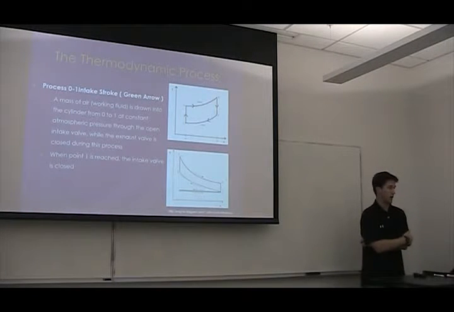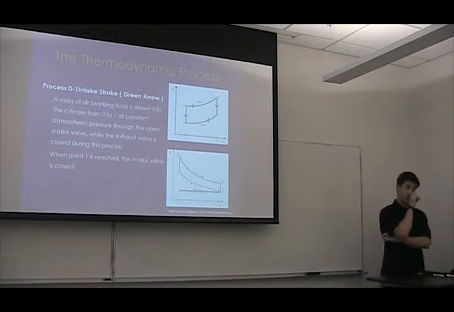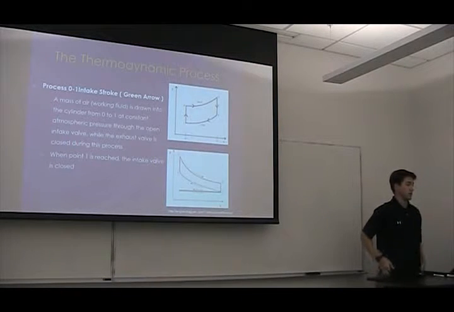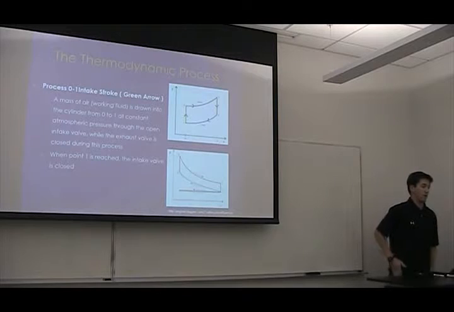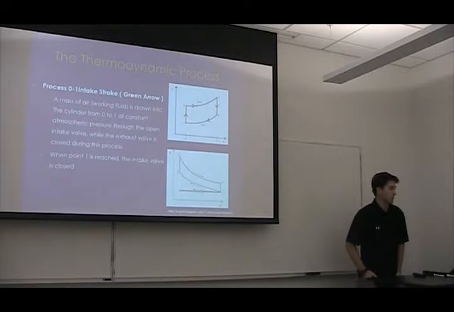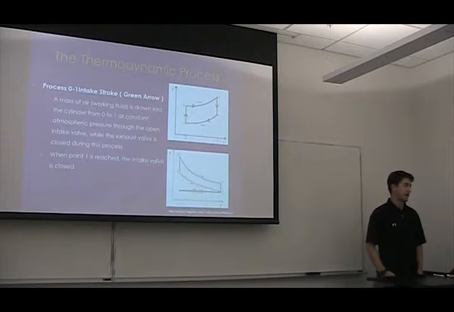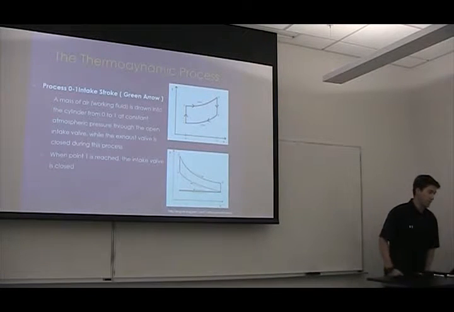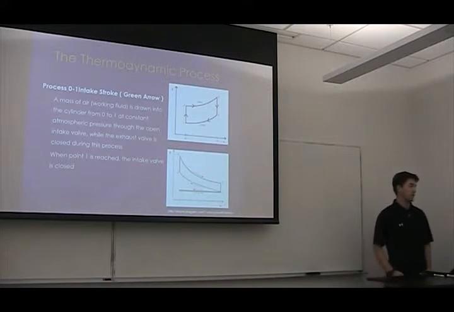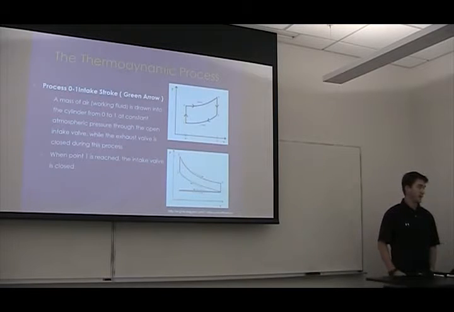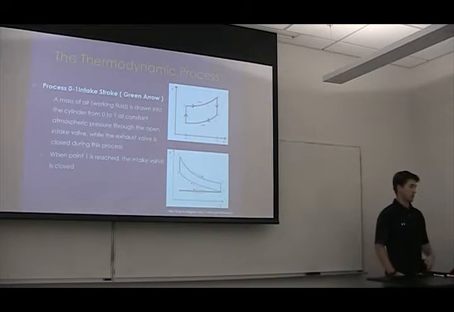So this is the process on temperature-entropy graphs and pressure-volume graphs. And as you can see on the pressure-volume graph, the green arrow is where it's going to start to intake. The mass of air, the working fluid, is going to be drawn into the cylinder at a constant atmospheric pressure, and the exhaust valve is going to be closed during this process.